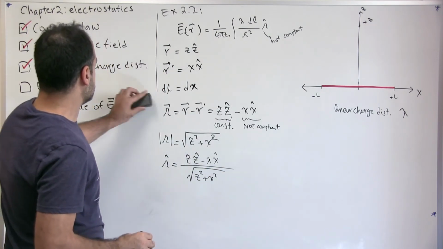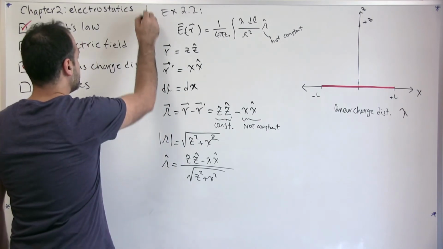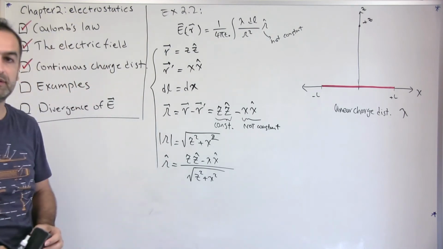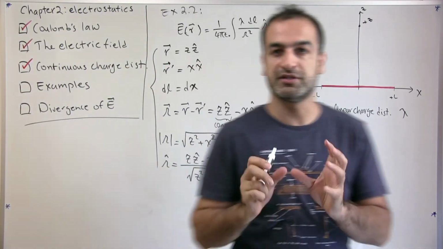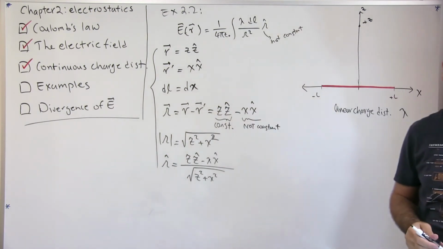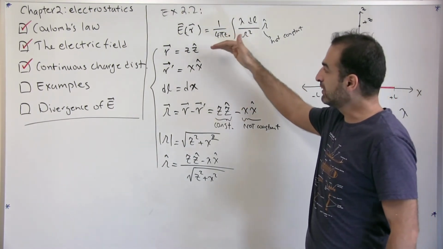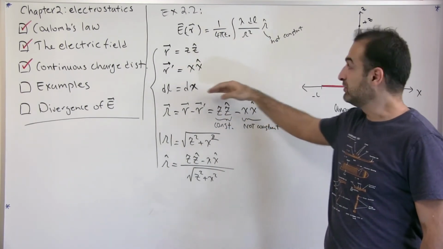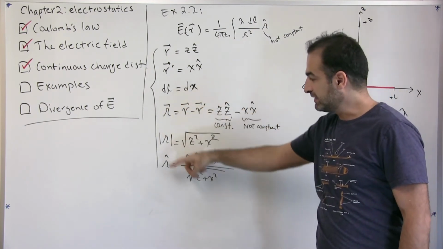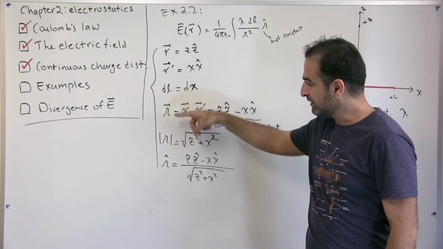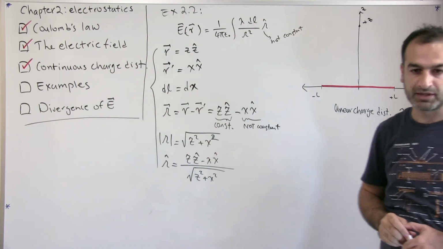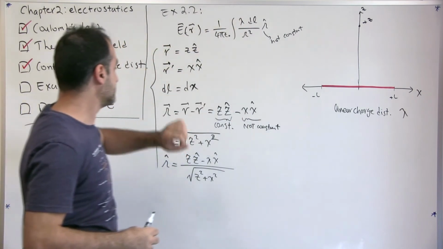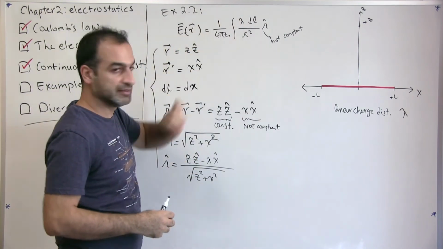Okay, so these are the position variables that we have. This should always be your first thing: identify the field point, the source point, the infinitesimal distance that you are doing the integral over, and the separation vector, magnitude, and unit vector as well. Once we have these, we can proceed to do the integral with the proper variables and proper limit.